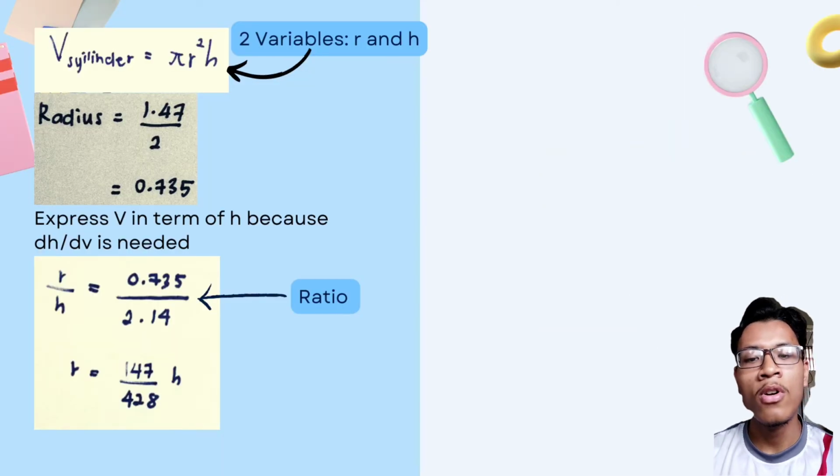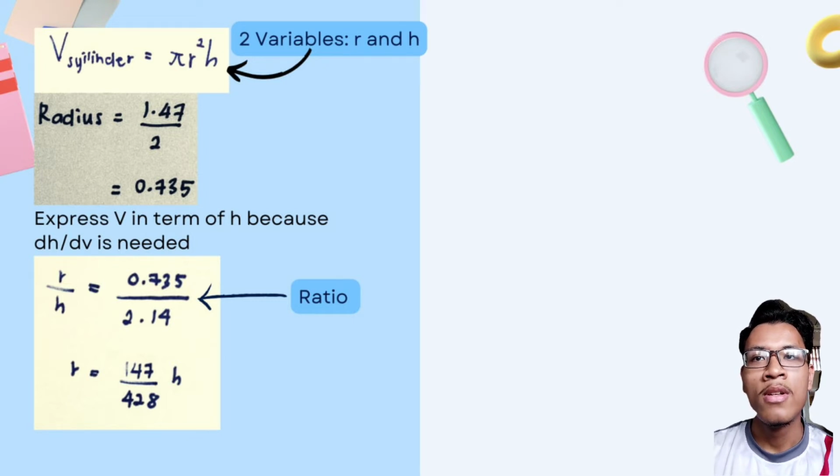First of all, the volume of a cylinder is pi r squared times h. It has two variables, r and h, radius and height. For the radius, it will be diameter over 2, so 1.47 over 2 equals 0.735 meters.